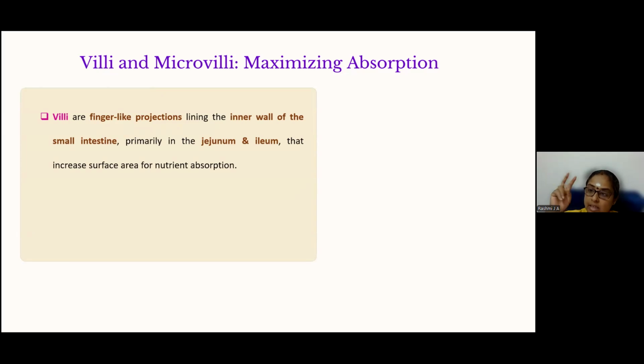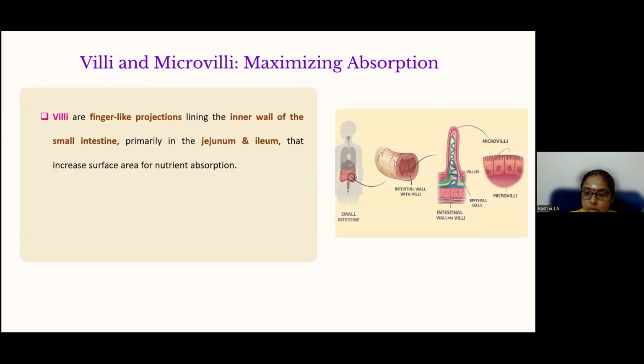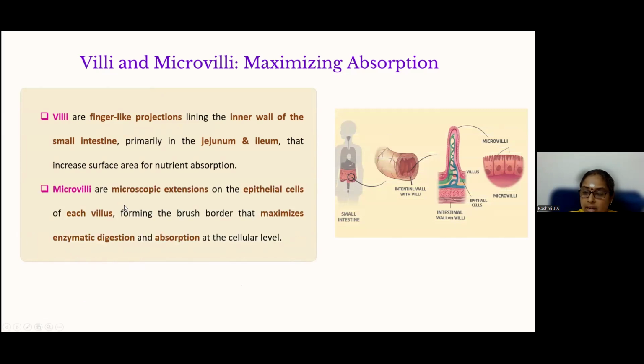So obviously in the middle and last part, we have this villi. And then microvilli, the end portion of the villi. Here the red one is villi. Upon that we have epithelial cells which are hair-like and help in absorption.